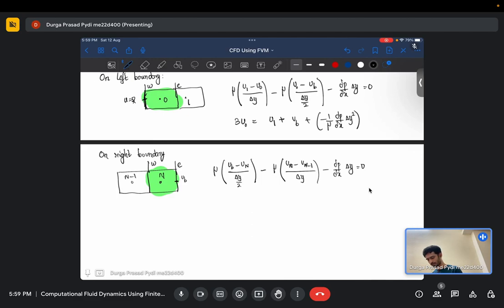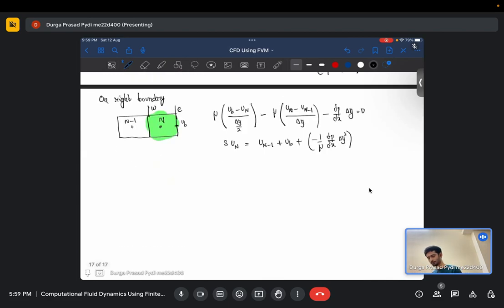But to group the terms again here, for the un I'll be having 3 times un equals un minus 1 plus ub, and then a similar term, so minus b dp dx delta y square.